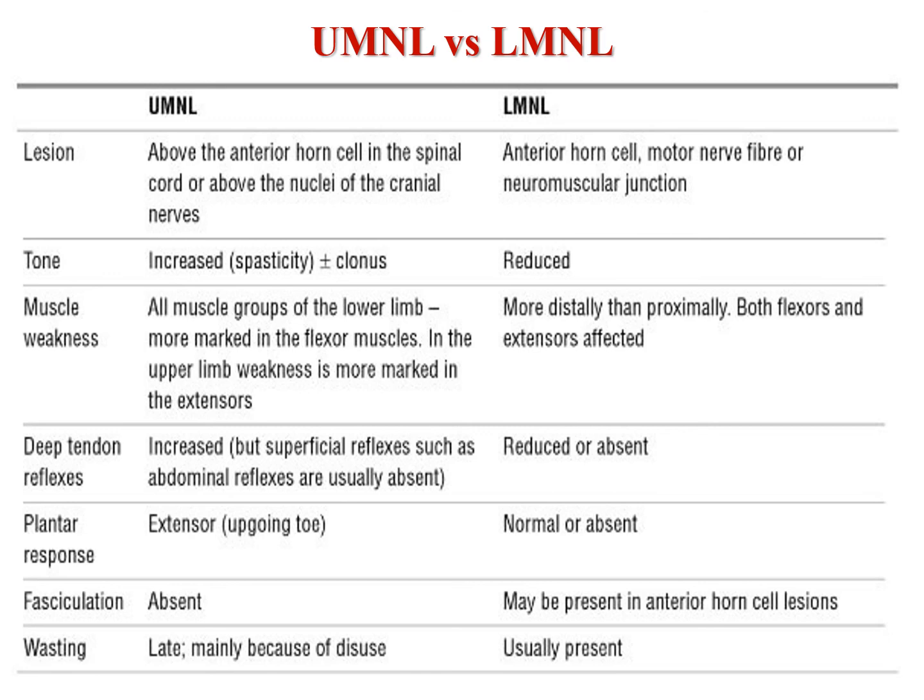So any lesion at the level of the anterior horn cells or below up to the neuromuscular junction is an example of lower motor neuron type of lesion, while above the anterior horn cell, that is from the cerebral cortex till the descending motor pathways, it is the upper motor neuron type of lesion.